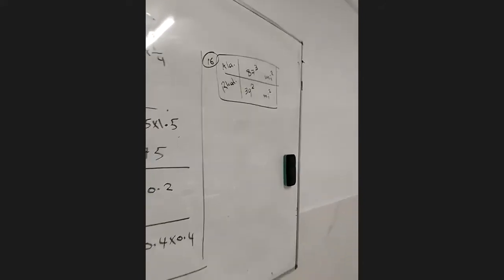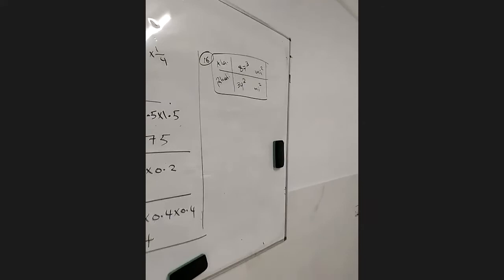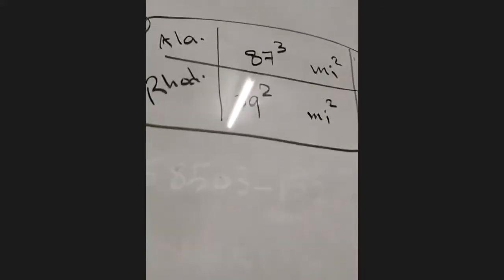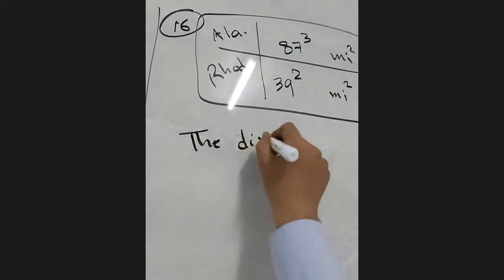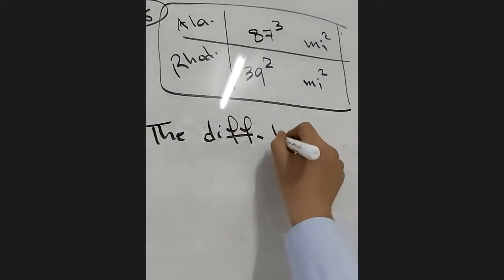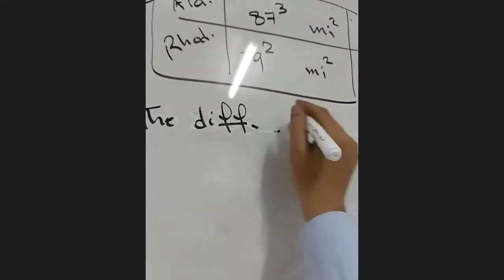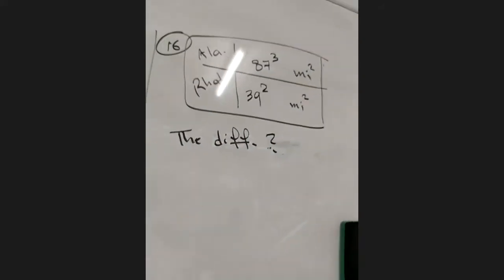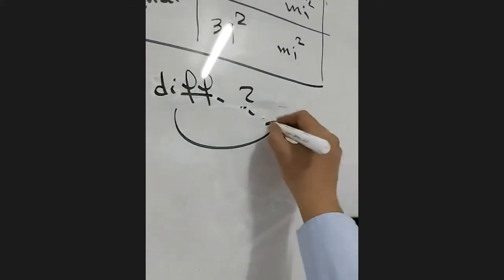What is the difference between the areas in square miles? They want the difference between the 2 areas. Can I find what the difference is, guys? The difference means subtraction.